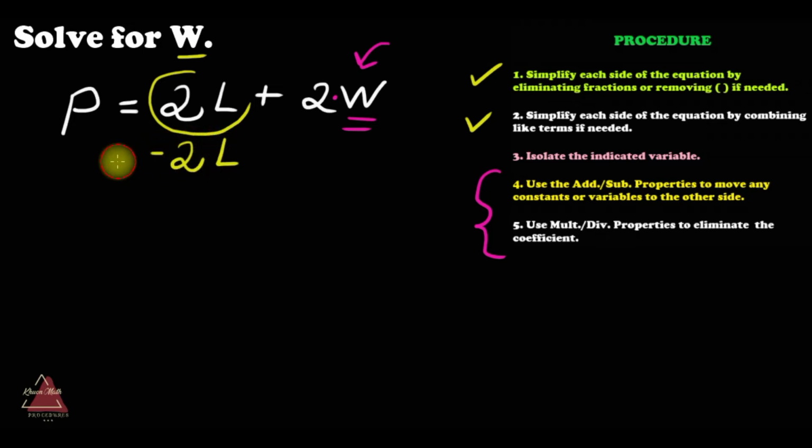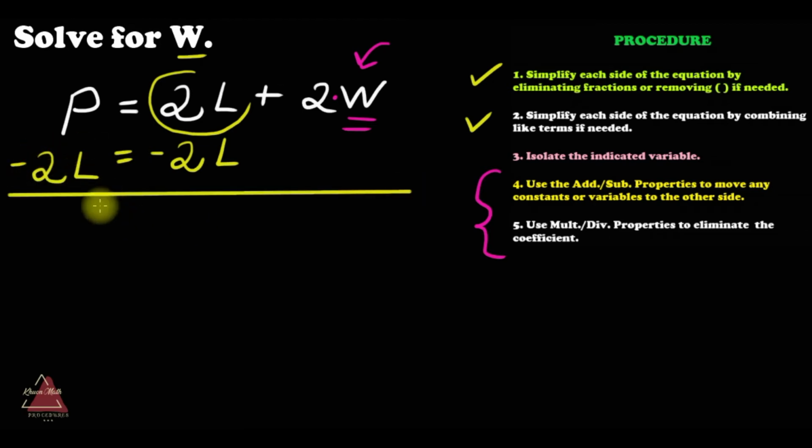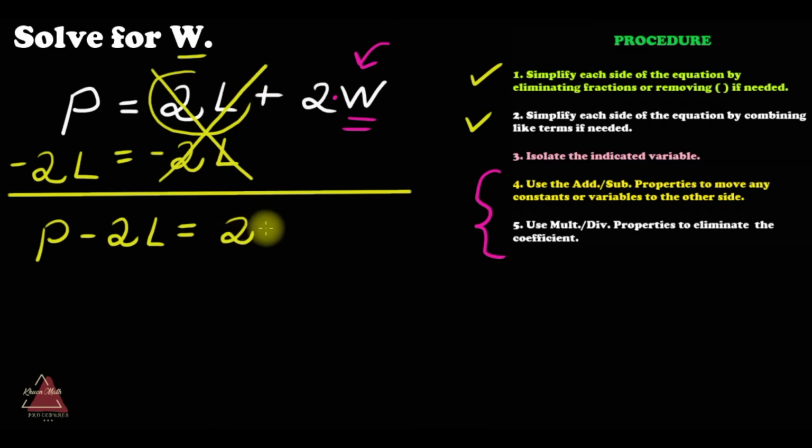Okay, you minus 2L to that side, you get a minus 2L to this side. Okay, and then here you have P minus 2L is 2L take away 2L is gone. Okay, so we eliminate those, and then we're going to bring down the 2W. Okay, so that's step number 4.